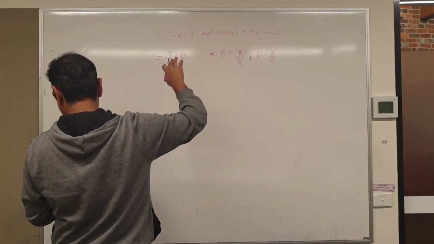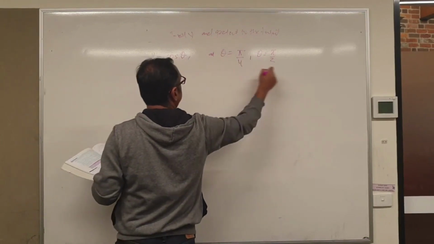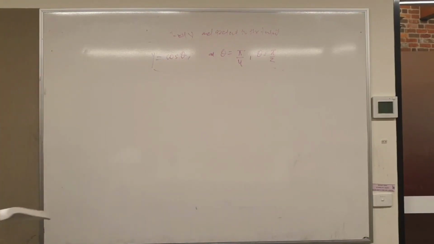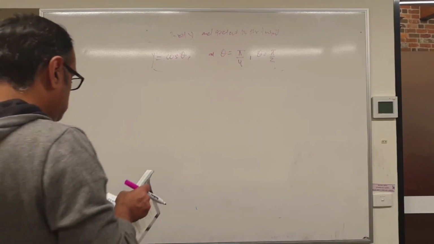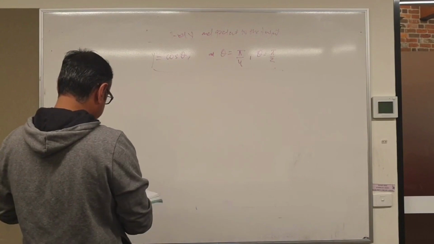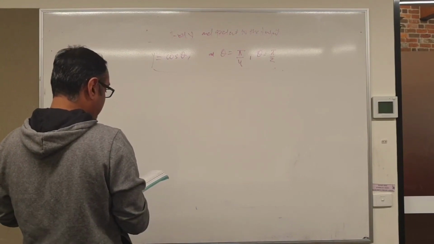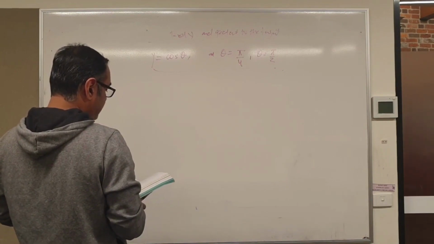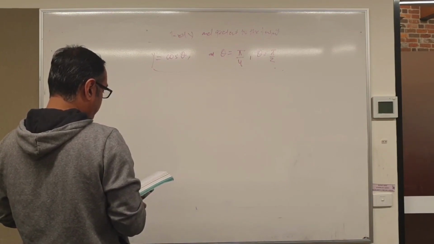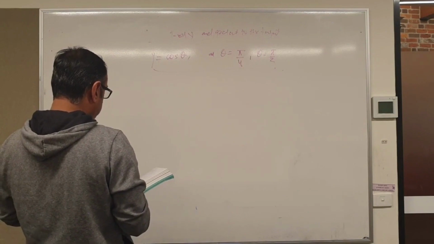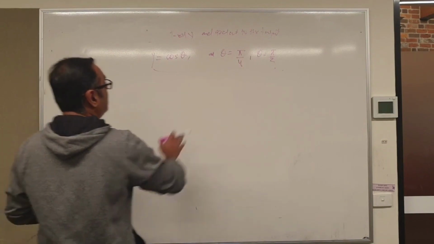For the following curves, in the Cambridge book it is 9i, but don't open it because it's a solved example. So I need to find the y coordinate and the gradient of the tangent at the points on this particular curve for these values of theta.